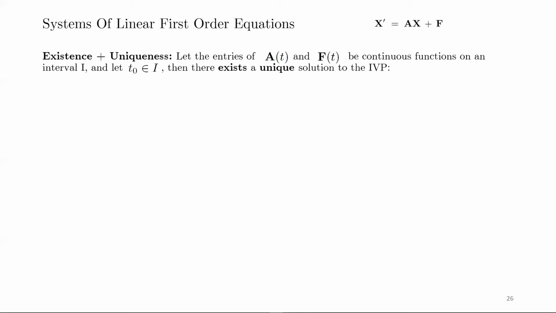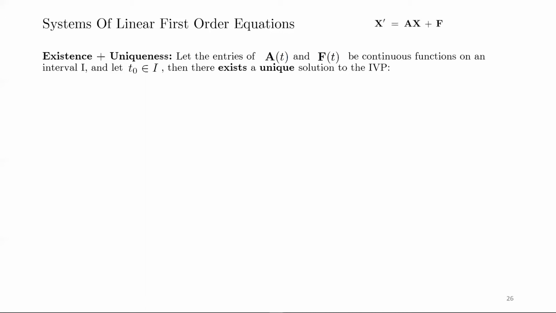So in the case of systems of linear first order equations, it's actually fairly simple. All we have to do is check this coefficient matrix A and this non-homogeneous vector F. If every entry in A and F is a continuous function on an interval, then there exists a unique solution to the initial value problem.